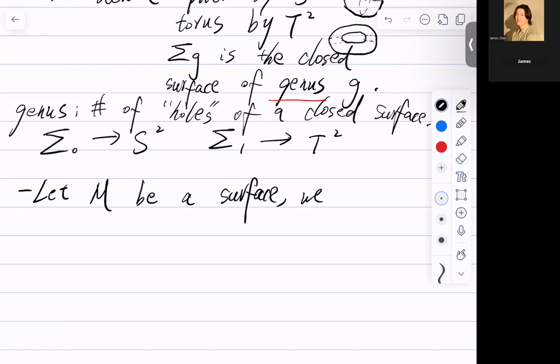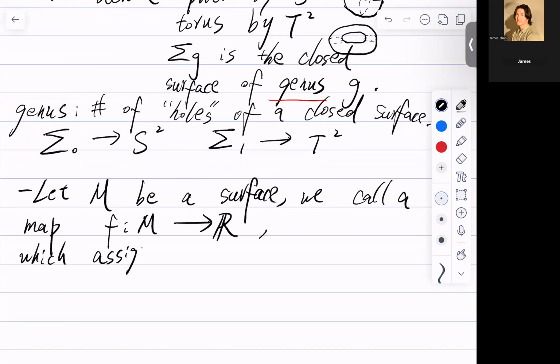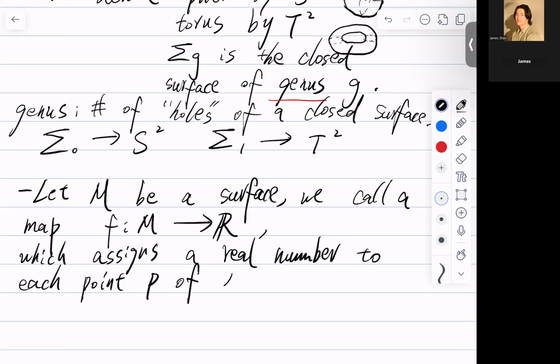and we call a map F that maps from M to the real numbers, which assigns a real number to each point P of M, a function on M. Oh, I already wrote on here.